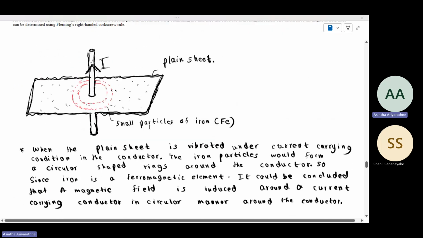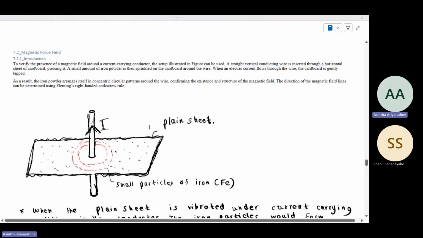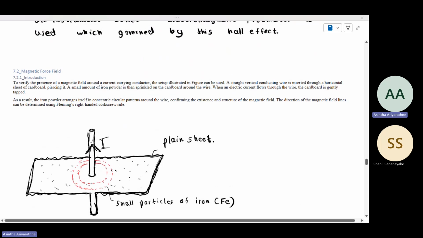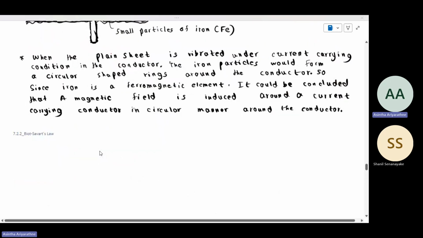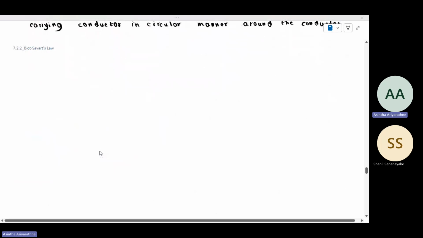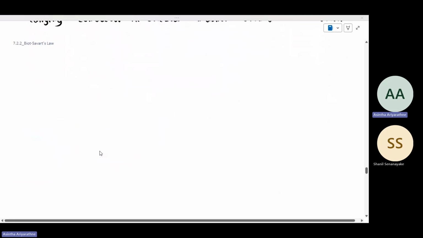Always the current carrying conductor is not a straight wire. It could be a coil shaped one or circular shaped one. For any shape, we can use the Biot-Savart law to find the magnetic flux density.